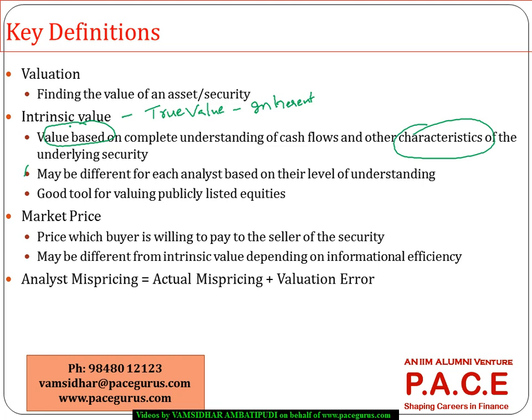There are so many things I can look at, and based on the entire characteristics and the cash flow savings or extra returns associated with that product, if I am able to find out how much it is worth spending for that, we call that the intrinsic value, the inherent value, the real value of that security.